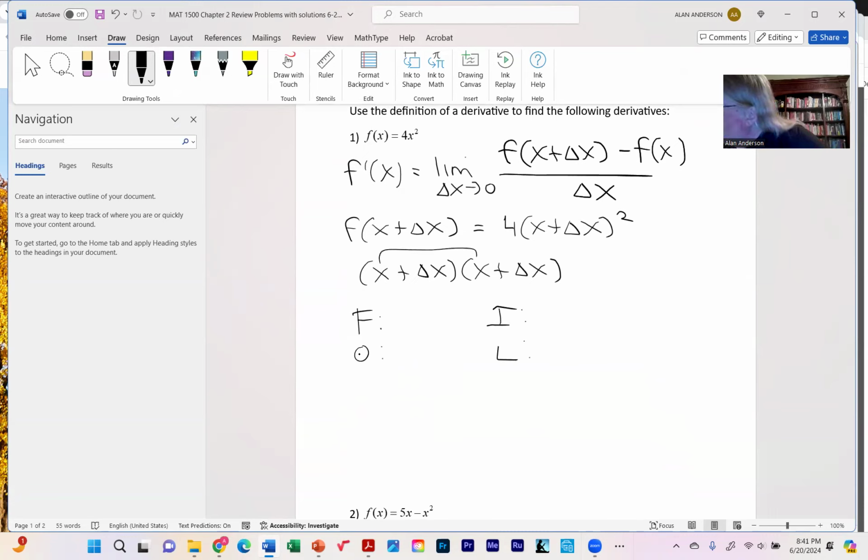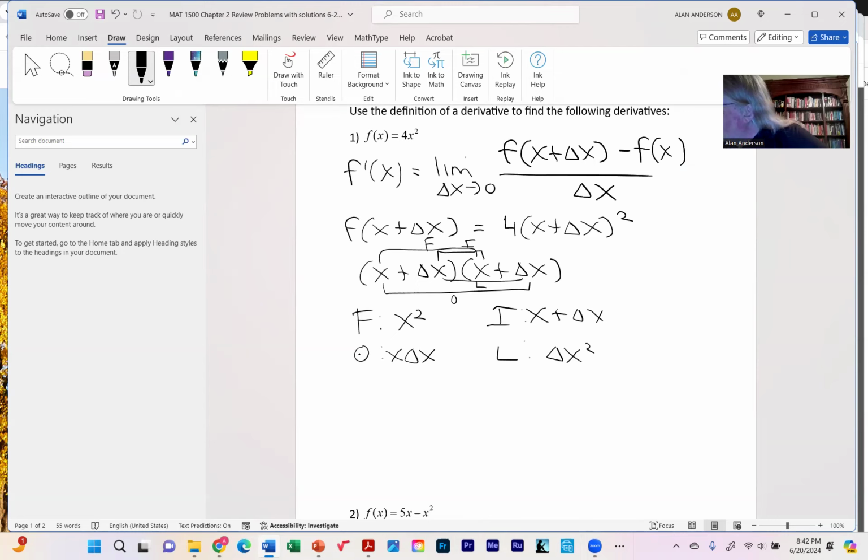All right, here's F, x squared. Here's O, x delta x. Here's I, again, x delta x. And then last would be these two, delta x squared.